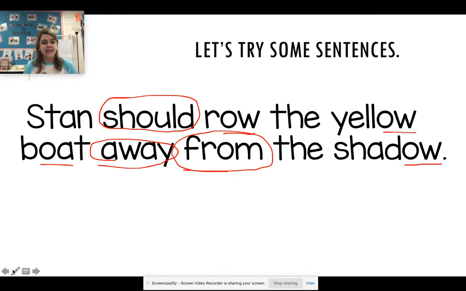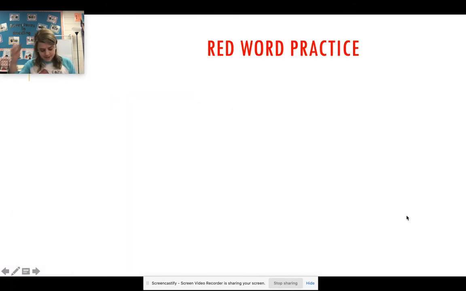Here we go. Let's look at our next slide, which is our red words. All right, today what we're going to do is I'm going to let you write them down one time, and then I want you to come up with a sentence for each word, okay? So you're going to write your word down once, and then you're going to come up with a sentence with that red word, okay? So here we go.